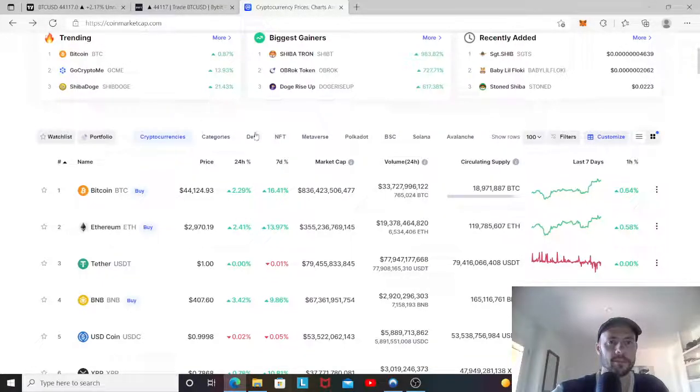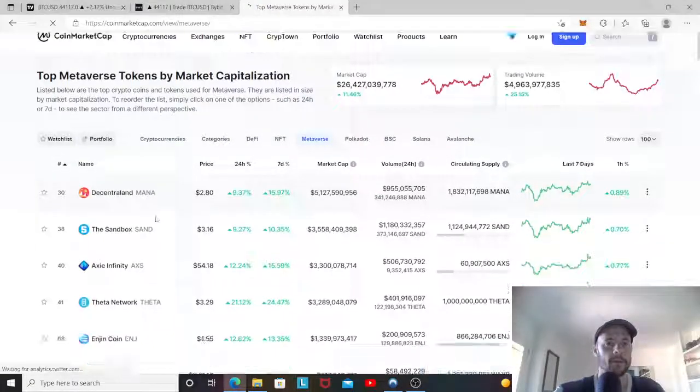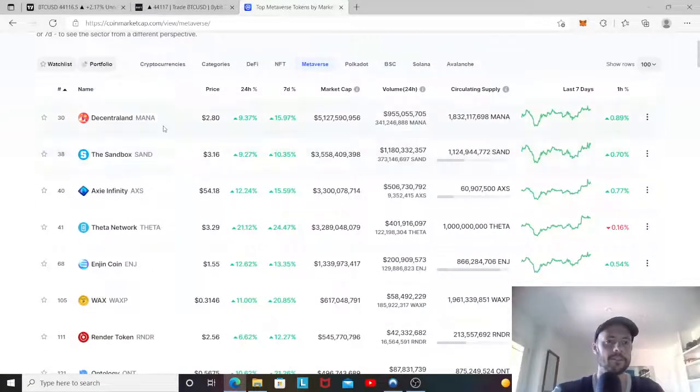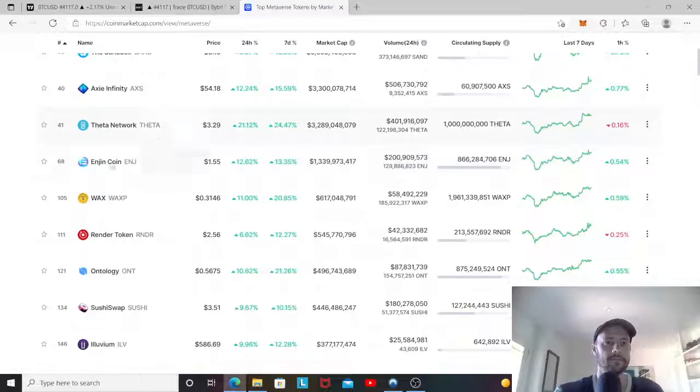You can also, there's different categories here: DeFi, NFT, metaverse coins, Polkadot, BSC, Solana ecosystem. So you can click on, say, metaverse, and it will show you all the different metaverse cryptos. So you've got Decentraland, Sandbox, Axie, Engine.